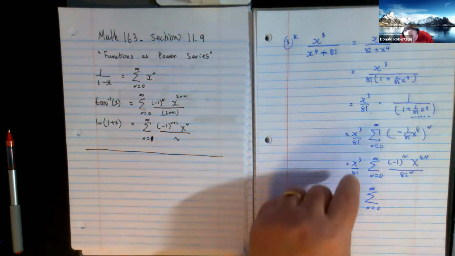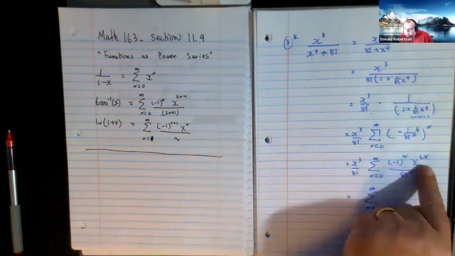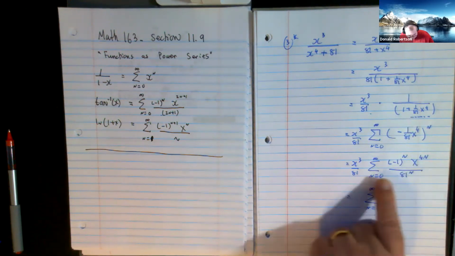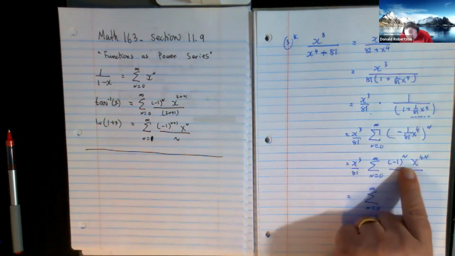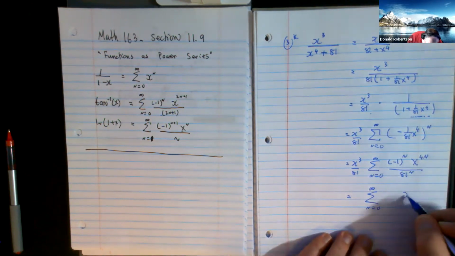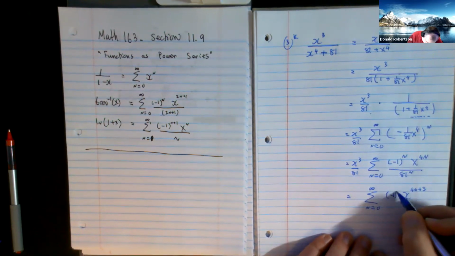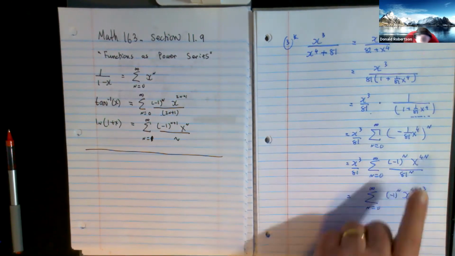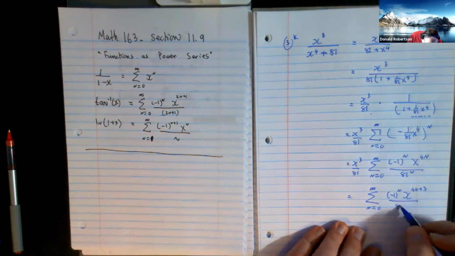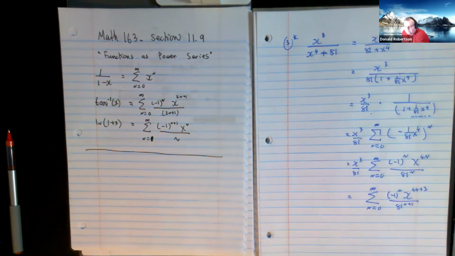Okay, if you bring in x cubed here, won't it just add 3 more to this power? Right, so if you bring in x cubed, 3 more added, 4n add 3. If you bring in an 81 here, you just get an extra power and you get a plus 1 there.